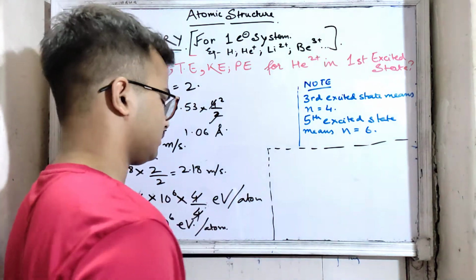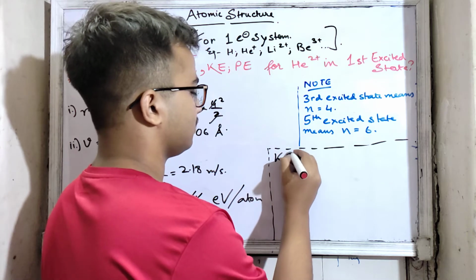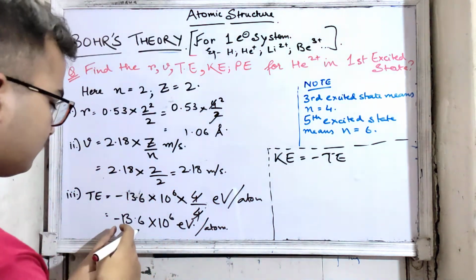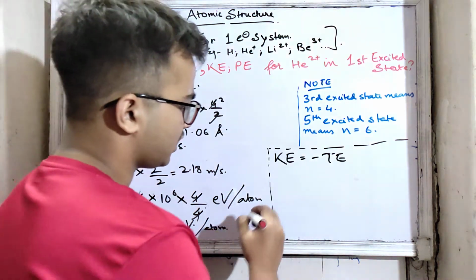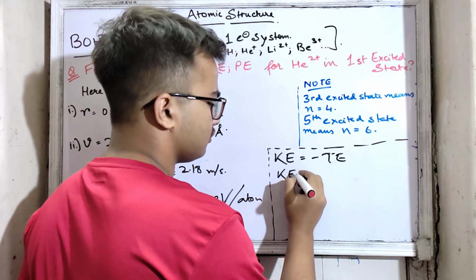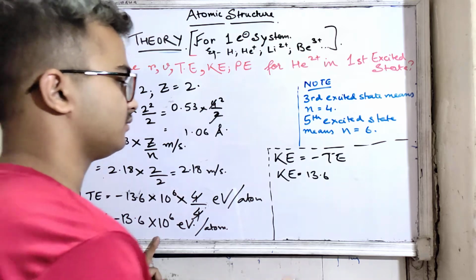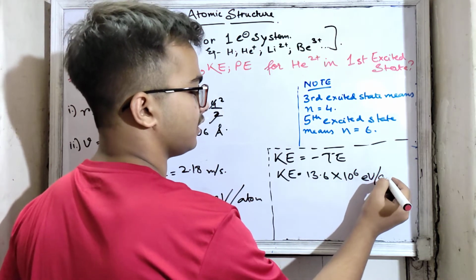Okay, next part they are asking about the kinetic energy. Now we know kinetic energy equal to minus of total energy. So this was already minus, so if I put another minus, it becomes positive, right? So kinetic energy is equal to 13.6 into 10 to the power 6 electron volt per atom.